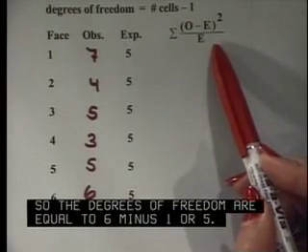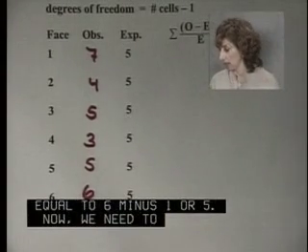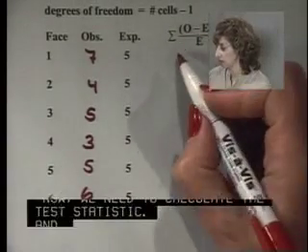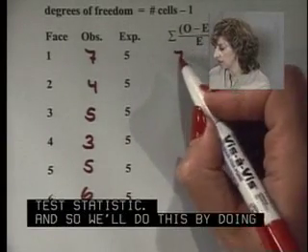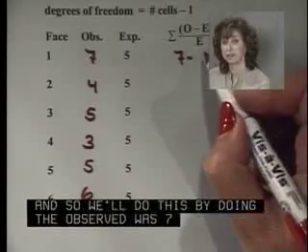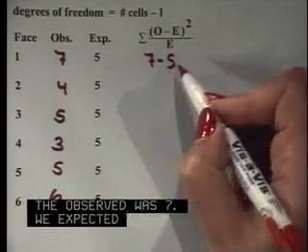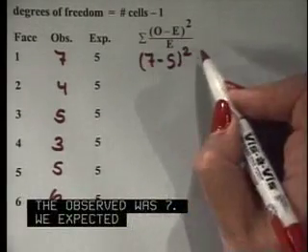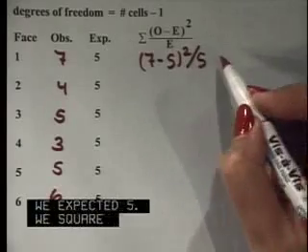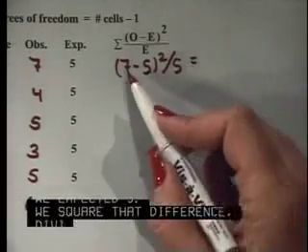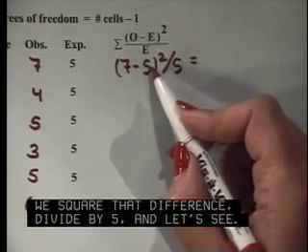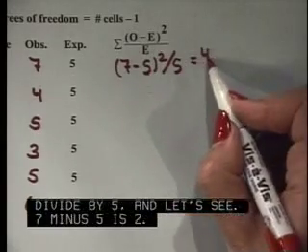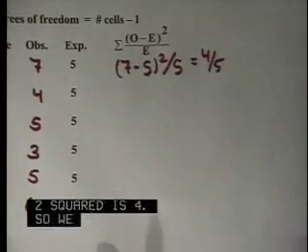Now we need to calculate the test statistic. We'll do this by doing: the observed was 7, we expected 5. We square that difference and divide by 5. 7 minus 5 is 2, 2 squared is 4, so we get 4/5.